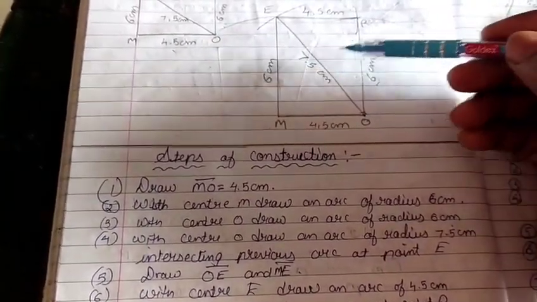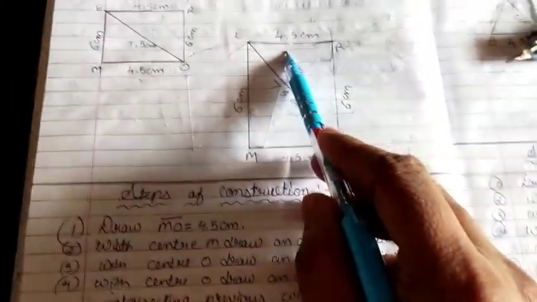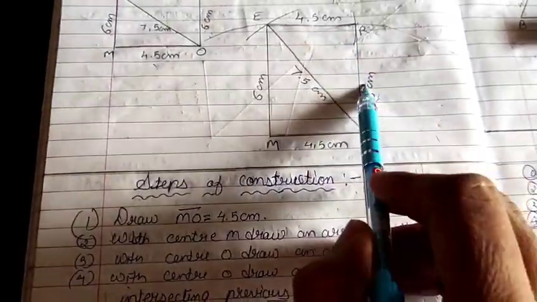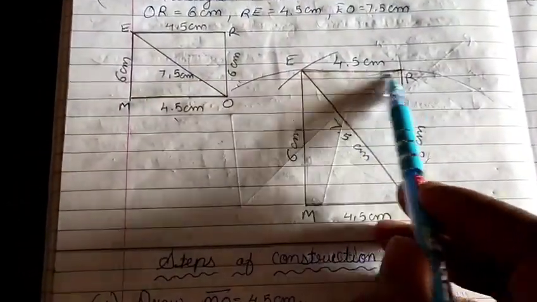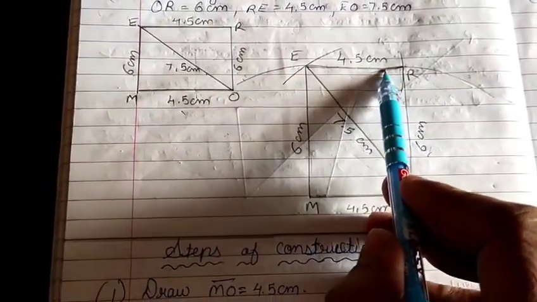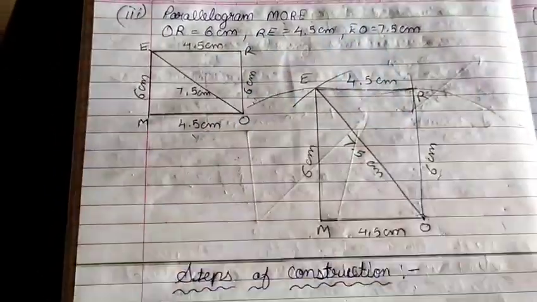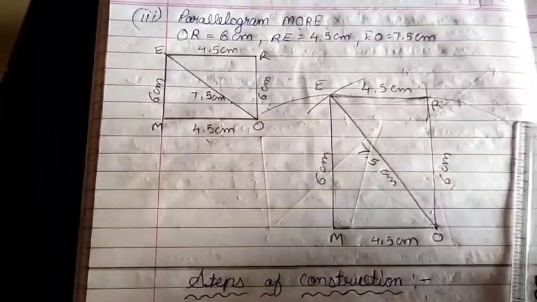After doing such, these two line segments are left. Now after getting the connecting point over here, you can easily construct this line segment. It is of 4.5 centimeter given. So now with your scale, take 4.5 centimeter.